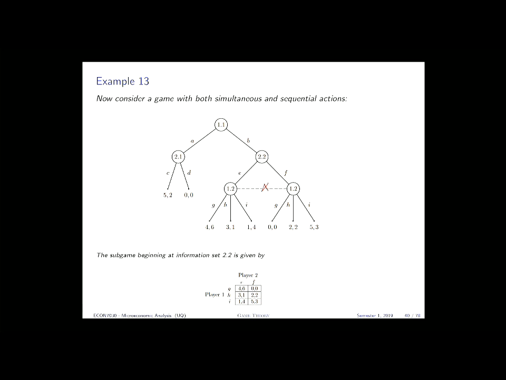So in any strategy profile, it is not possible that player 1 plays something to the left and something else to the right. Okay? So you cannot say in a strategy profile, player 1 plays I here and H there. That's wrong. You will simply say I, because then she plays I in both cases, because this is simultaneous. Player 1 cannot distinguish between the left-hand side and the right-hand side in this particular part of the game.